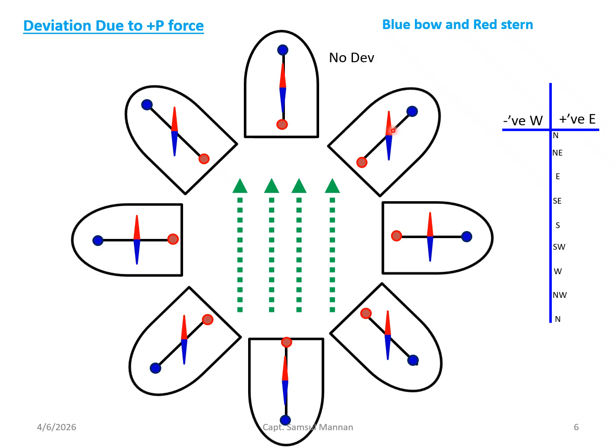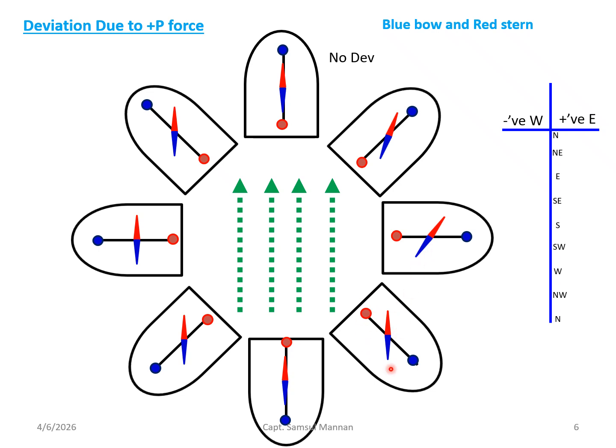How will it deviate? It will deviate like that, right? So we will get some deviation. And when the vessel is on 090 degree course, that time it will have maximum deviation, right? And it will deviate like that.